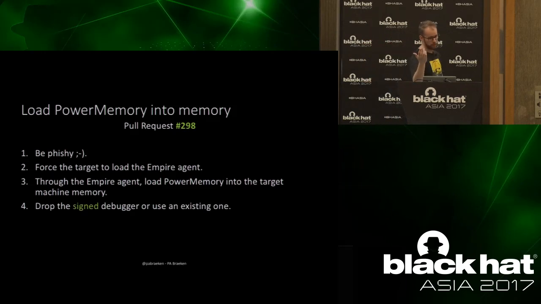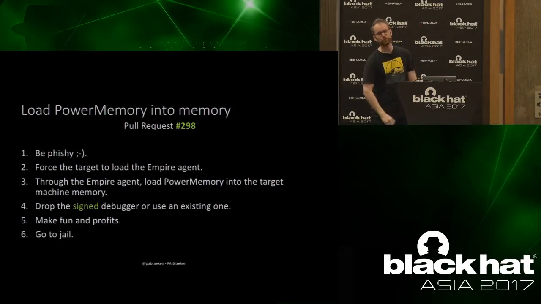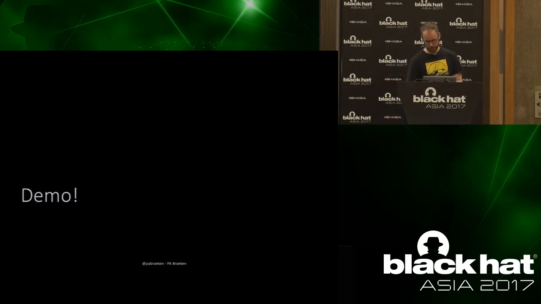You drop the signed debugger, or use an existing one. If you target correctly, you can find different debuggers that you can use too. Then you make fun and profits. And six, you go to jail. So I have a demo for that.